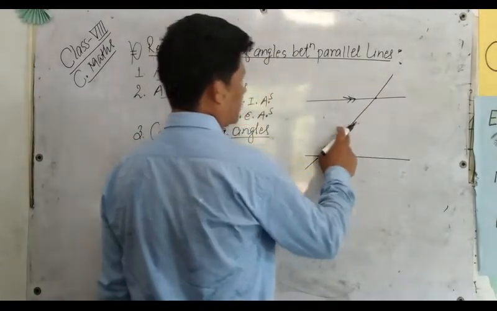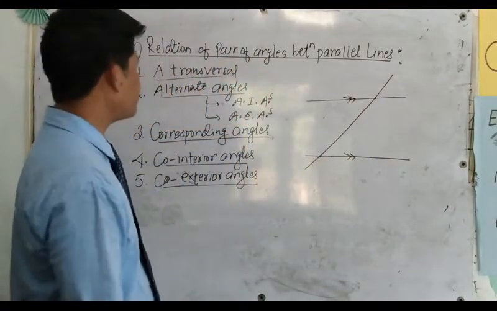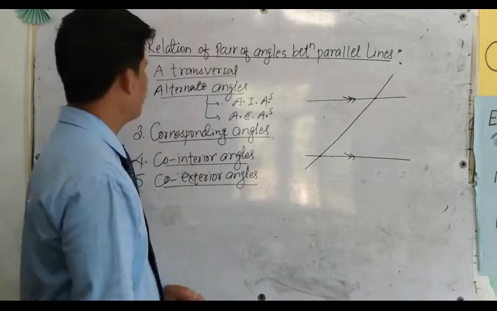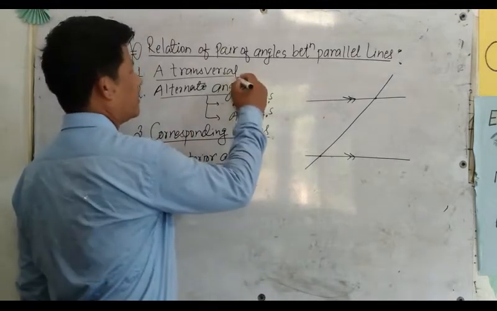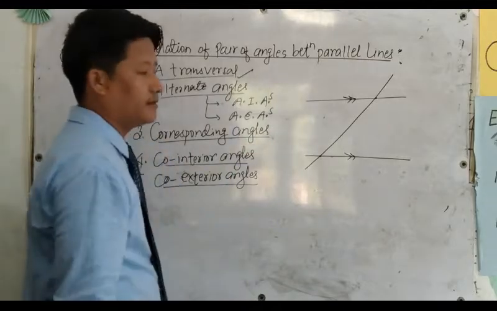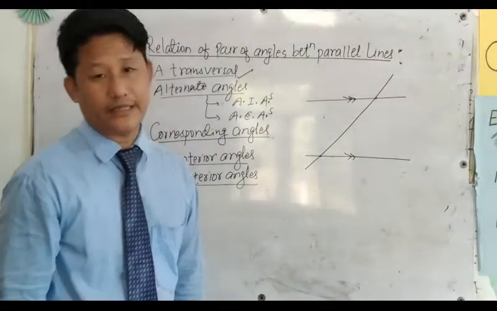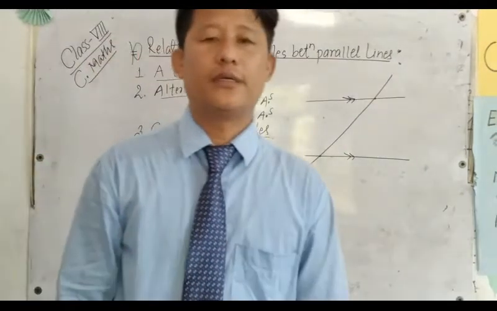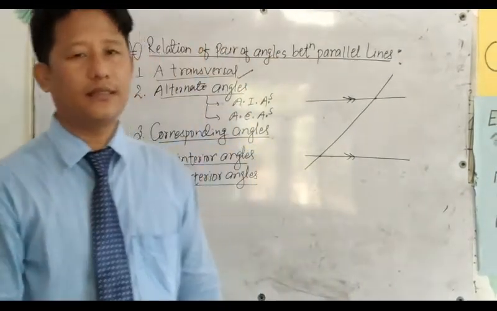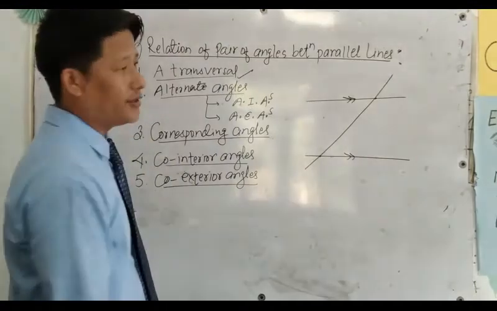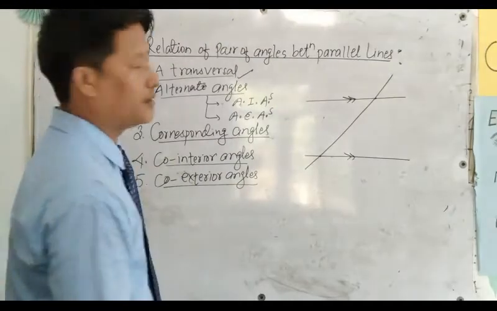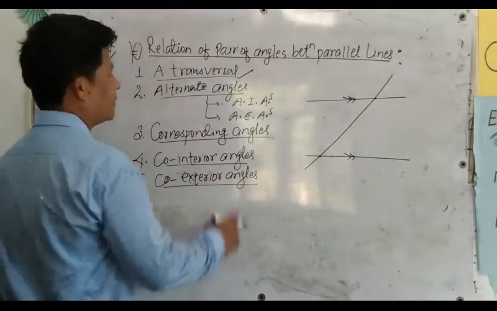A transversal is a straight line that intersects the two parallel lines.